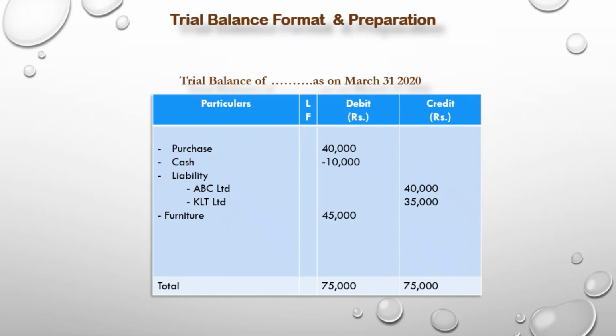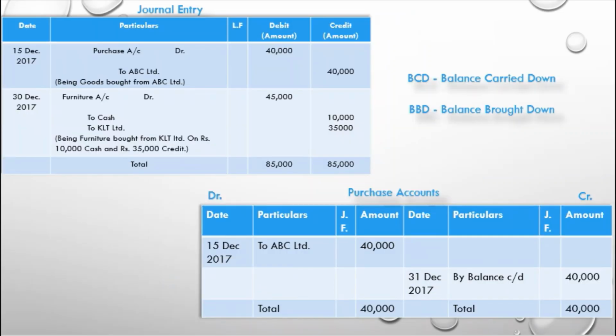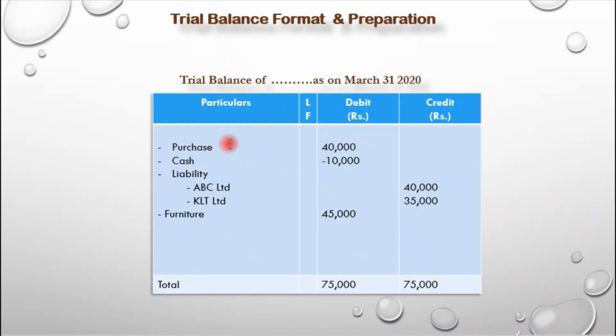So come here. Here you can see that this is a purchase ledger, and the purchase ledger shows that 40,000 is a debit balance. It is a debit balance because no transactions have occurred on the credit side. So the purchase account has a complete 40,000 debit balance. Because this is a debit balance, I'm going to put it into the trial balance, purchase 40,000 in the debit column.